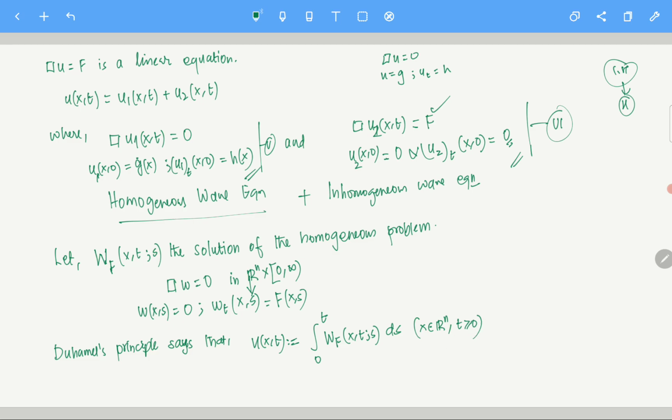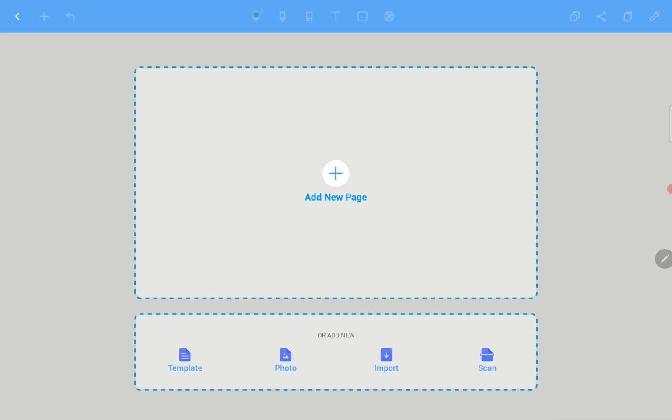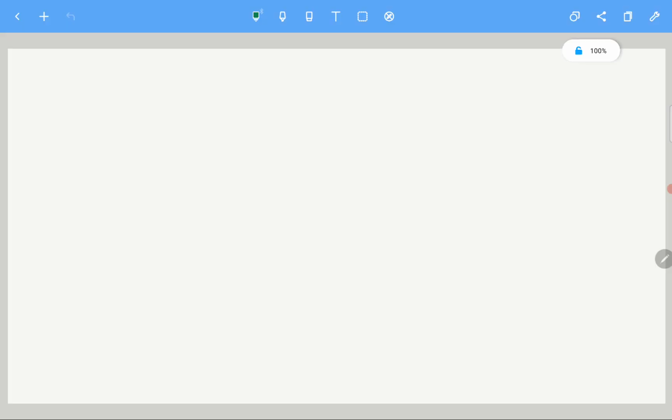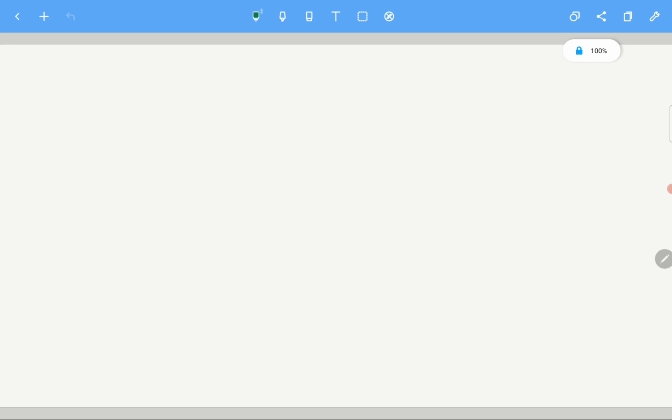If you define it like this, then it says that this is the solution of, let me write it here, u_tt minus the Laplacian of u, so basically the D'Alembertian of u equals capital F in R^n cross (0, infinity), and u equals 0, u_t equals 0 on R^n cross t equals 0, right?